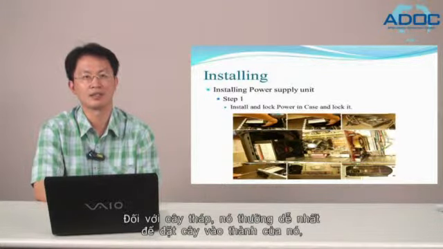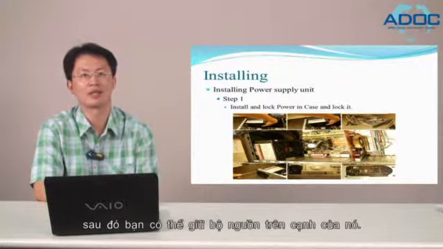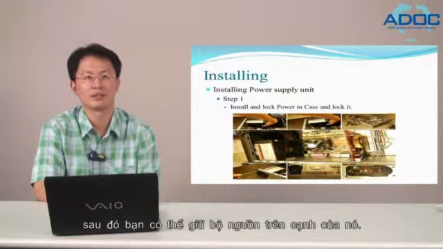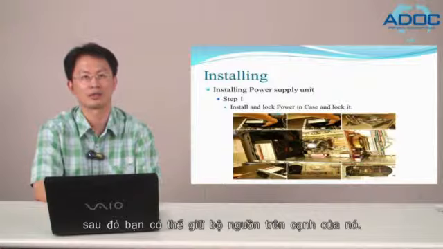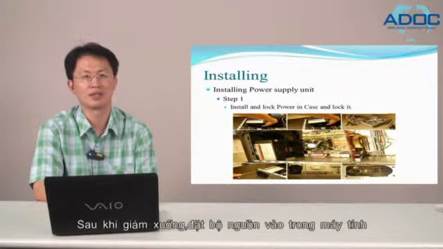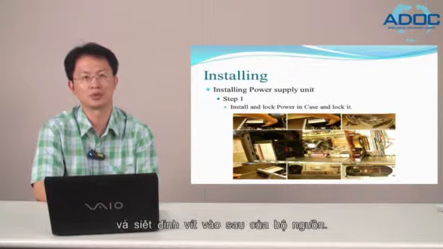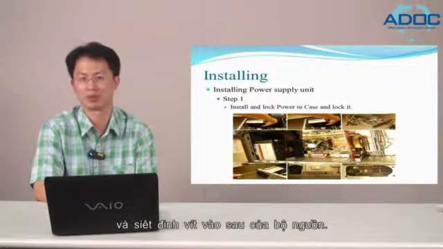For tower cases, it is usually easiest to place the case on its side, as then you can rest the power supply on its side. Once it's done, place the power supply into the computer and screw the screws into the back of the power supply.